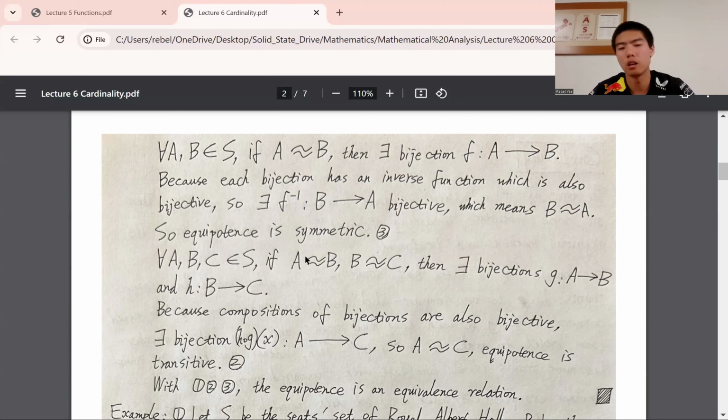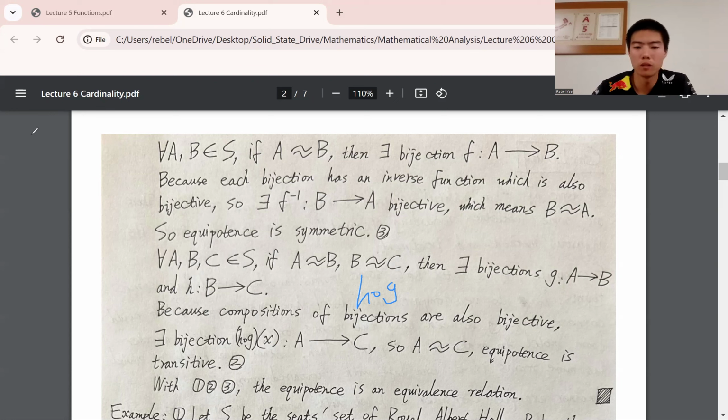If A has the same cardinality as B, and B has the same cardinality as C, then there exists a bijection g going from A to B, and h going from B to C. The composition, taking g first and then h, is still a bijection, which maps the set A to C. This means A has the same cardinality as C, so it is also transitive.